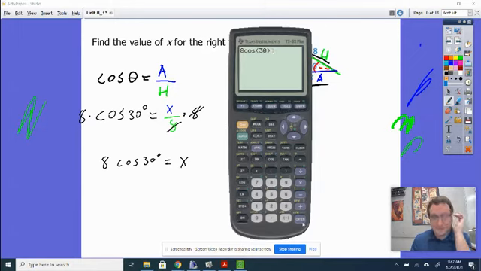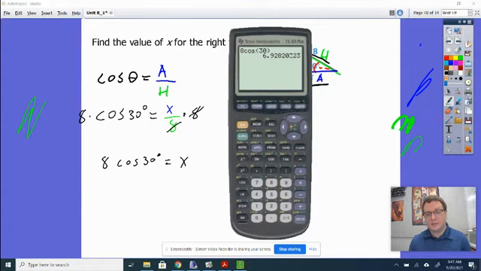Now, unfortunately, on these ones, it's really hard to tell if you have the wrong answer if you're in radians. If you ever get a negative number, that's a good clue. But if it's a positive number, it's sometimes hard to tell if it's in the wrong mode. So just be careful with that.